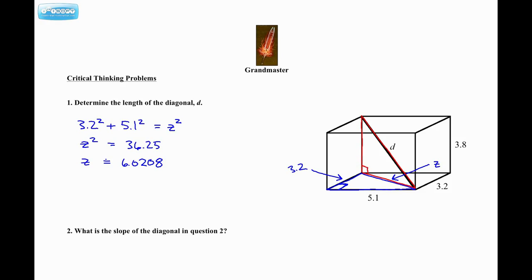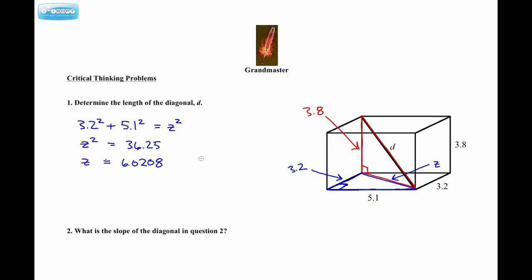Remember, this height here, because this is 3.8, this has to be 3.8 as well. I've just figured this out from the one in blue. I know what that is. I know this is 3.8, so I'm just going to use Pythagoras twice, and then I can figure out D.